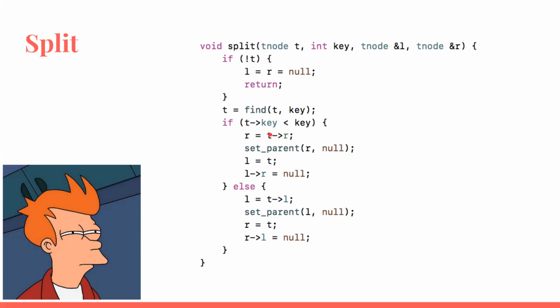That is why we can be sure that all the vertices in TR will be greater than key. So we are just erasing it. We are saying that R is TR and LR is just T.